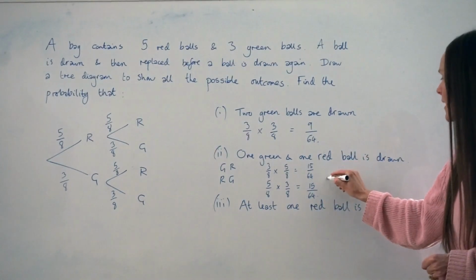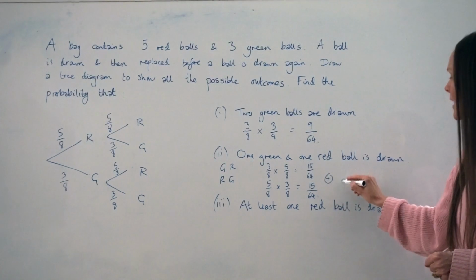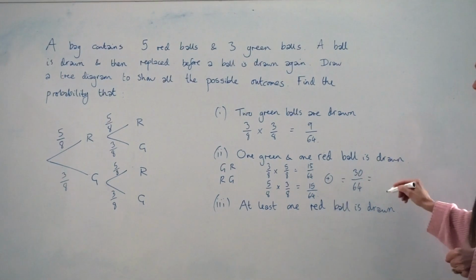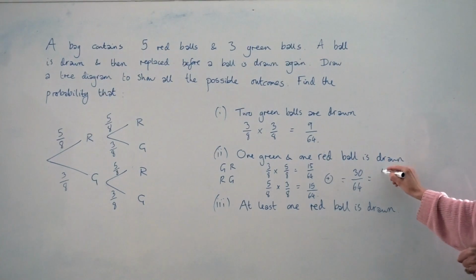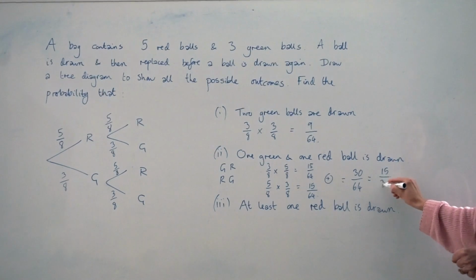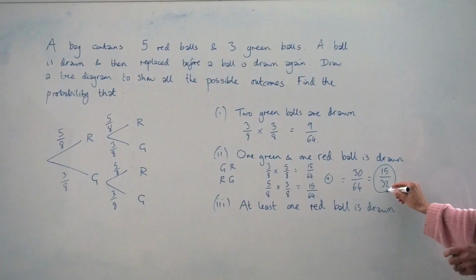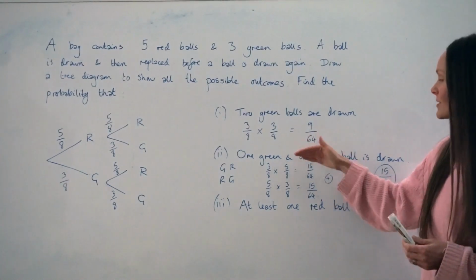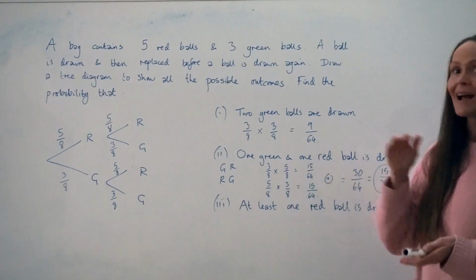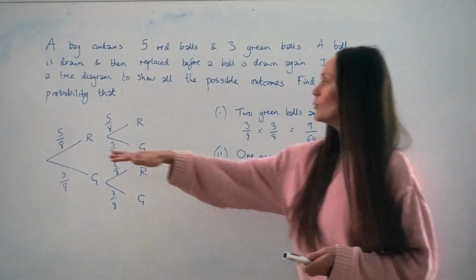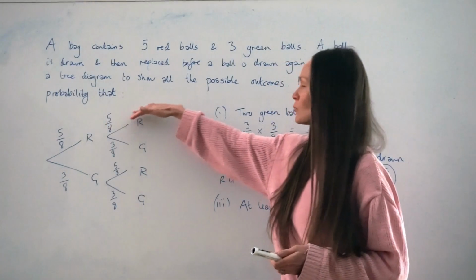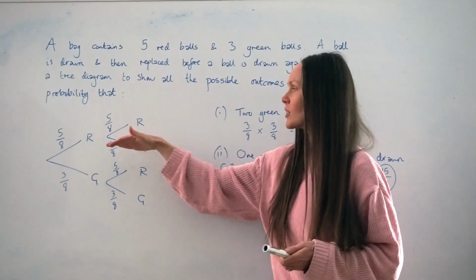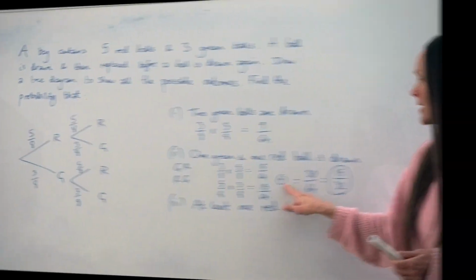So 15 out of 64 plus 15 out of 64, which is 30 out of 64. And if you simplify that, divide top and bottom by 2, you get 15 out of 32. Okay, so that's the probability. Now, I would try and remember that when you have different scenarios like this, you always add them together. So when you're moving along the branches, you're multiplying, okay, whichever way you go. And then when they're different scenarios, you're adding in between, okay?